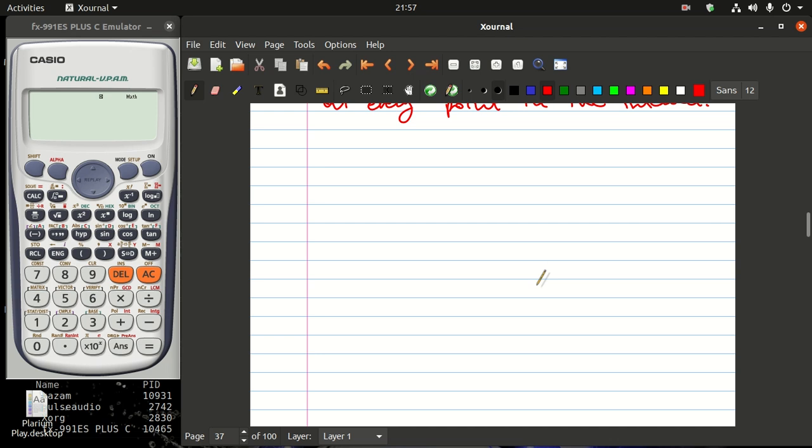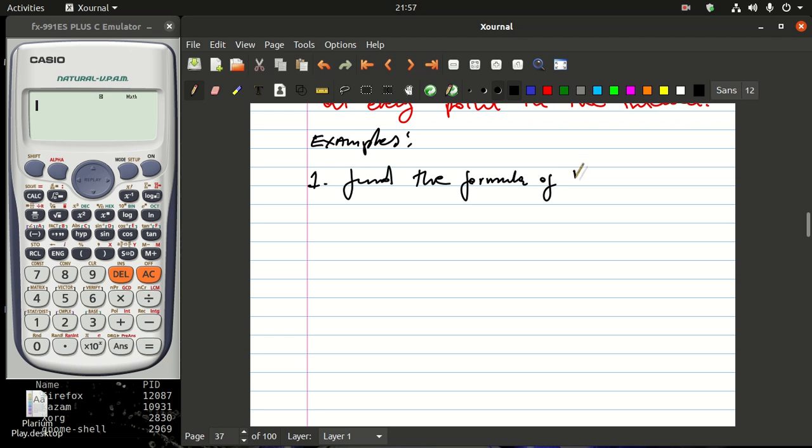Let us take some examples here. These are the nice examples that I have. The first one says, find the formula of f prime of x using the first principle.